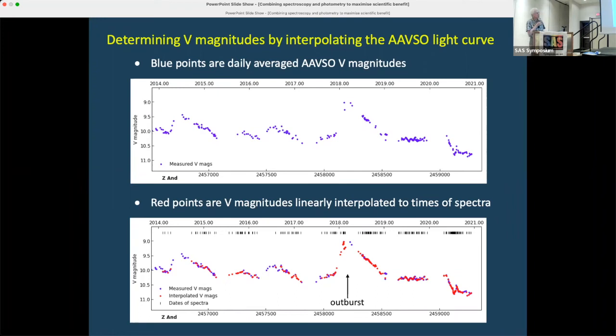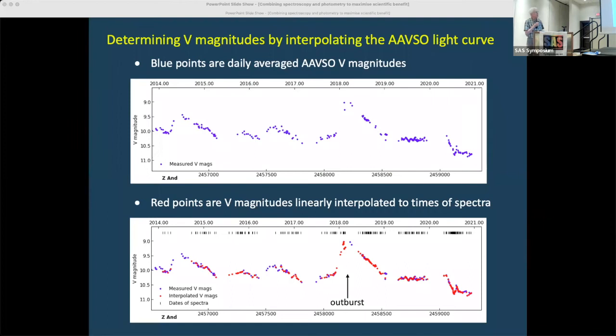And in the top graph there, you can see the blue points are daily averaged AAVSO V magnitudes. You want to be a little bit careful and check that there are not a lot of discrepant values of magnitude creeping into that. So you can do a little bit of filtering of the light curve before you do the daily averaging. But you can see there you've got reasonable coverage in time of the magnitudes that are available.